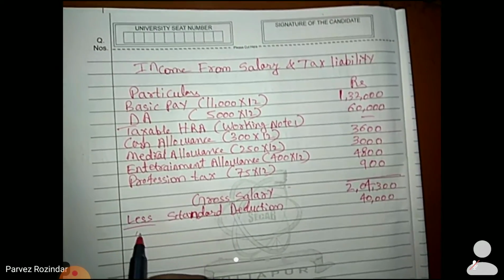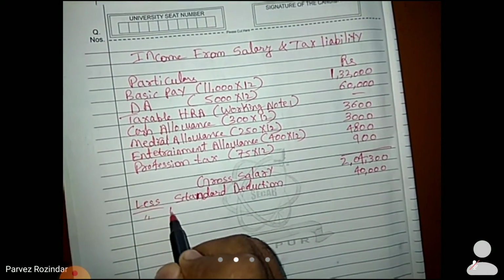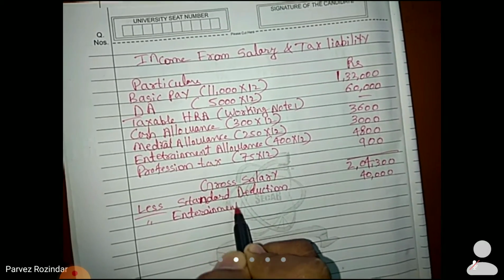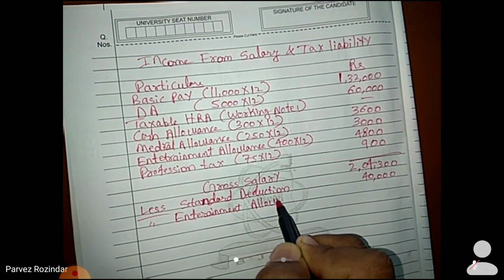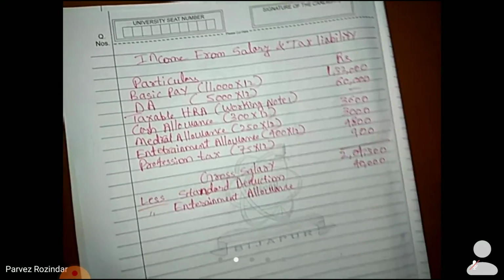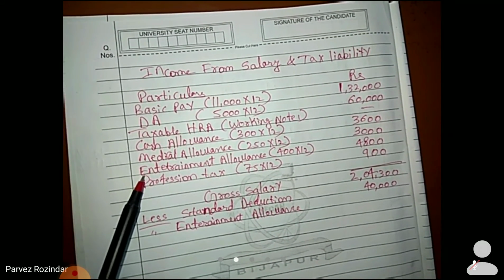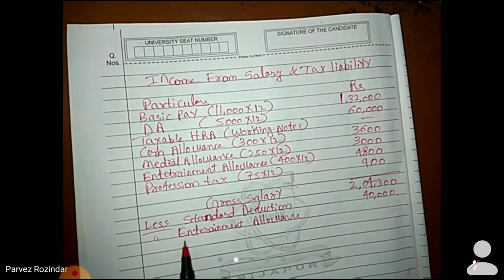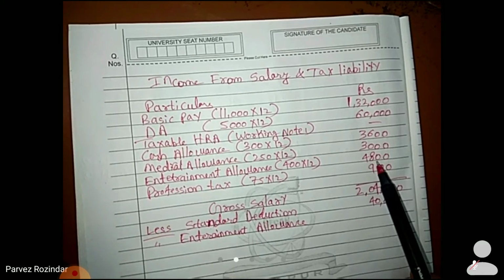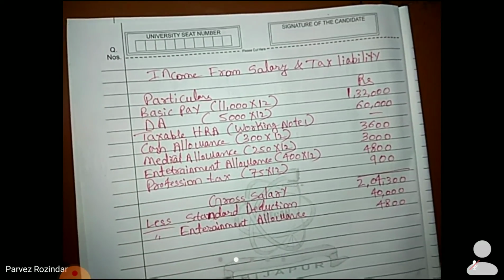Then again less entertainment allowance. See, entertainment allowance we have taken twice. First of all, it is in salary, and again the entertainment allowance can be claimed as deduction. The amount is 4,800 rupees.